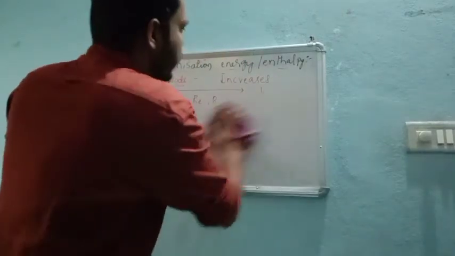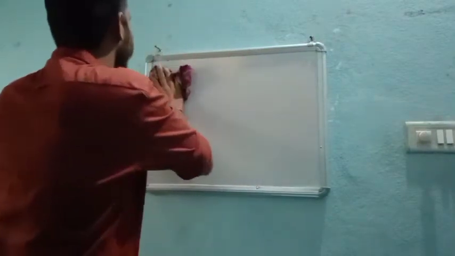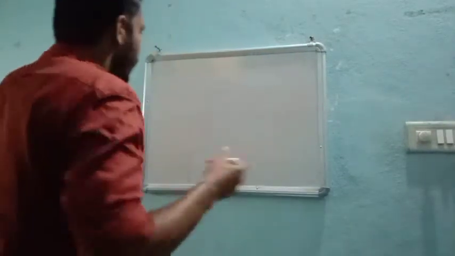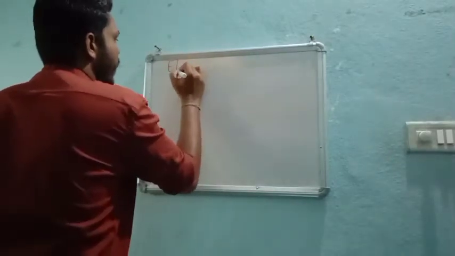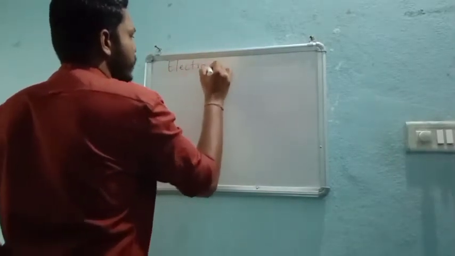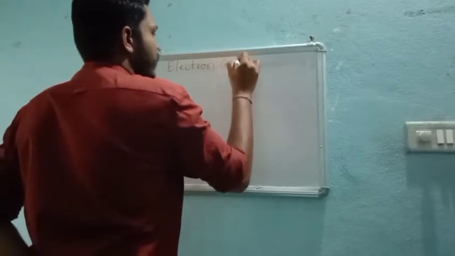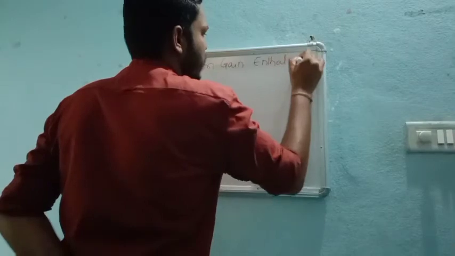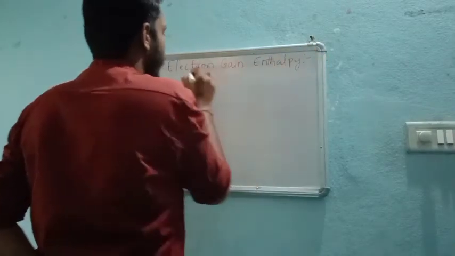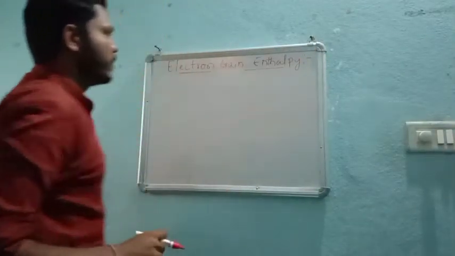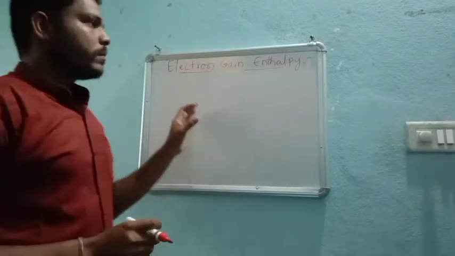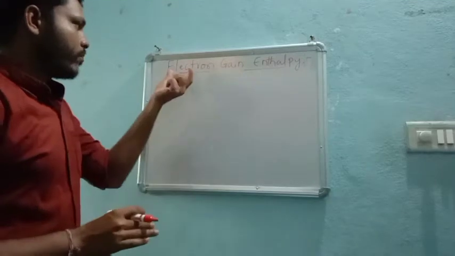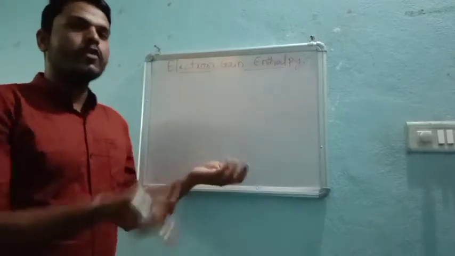So the next character of periodicity is electron gain enthalpy, or energy, right? Ionization means to remove, electron gain means to add.